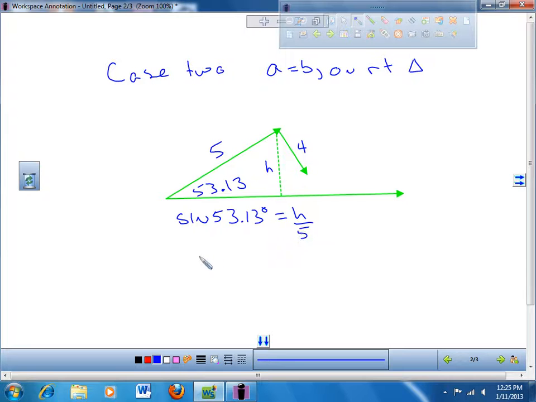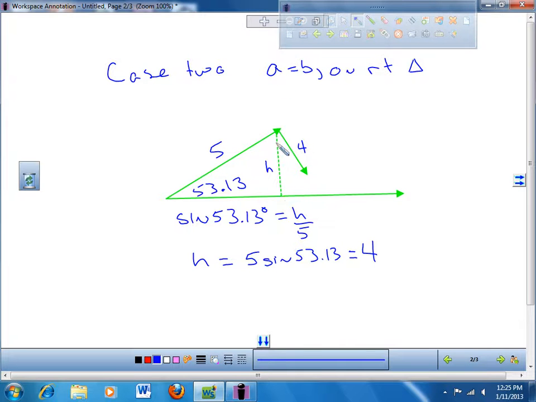It turns out that h is almost exactly equal to 5 sine 53.13, which comes out to be equal to 4. Which means that this side would exactly touch here, and you can only have one triangle.